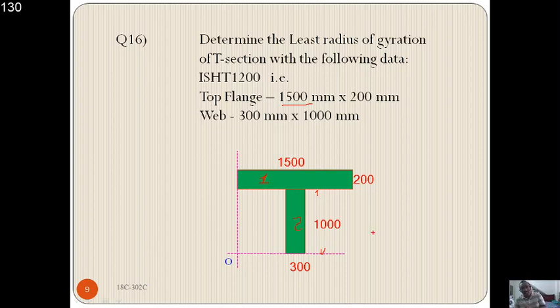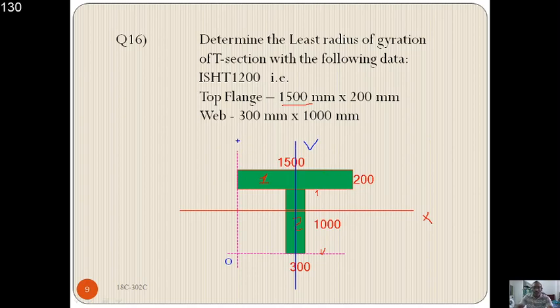After dividing the given structure into parts, let us find the centroid by inspecting the symmetrical axis. By observation you can say that it is not symmetric about the x-axis, whereas it is symmetric about the y-axis.